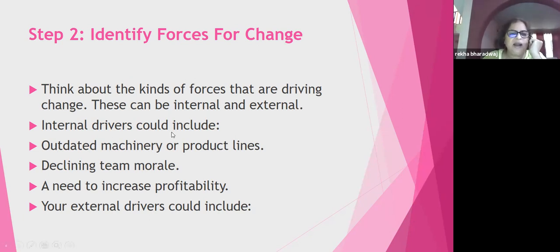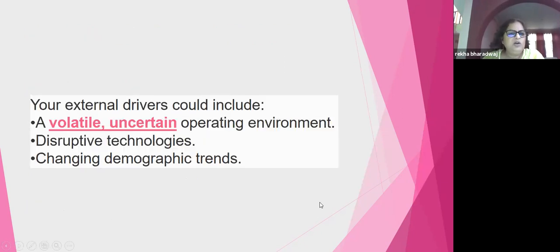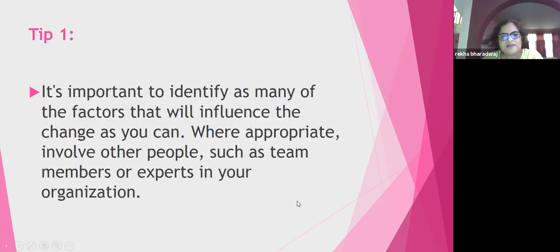And internal drivers could include outdated machinery or product lines, declining team morale, a need to increase profitability, and your external drivers could include a volatile, uncertain operating environment, disruptive technologies, changing demographic needs.